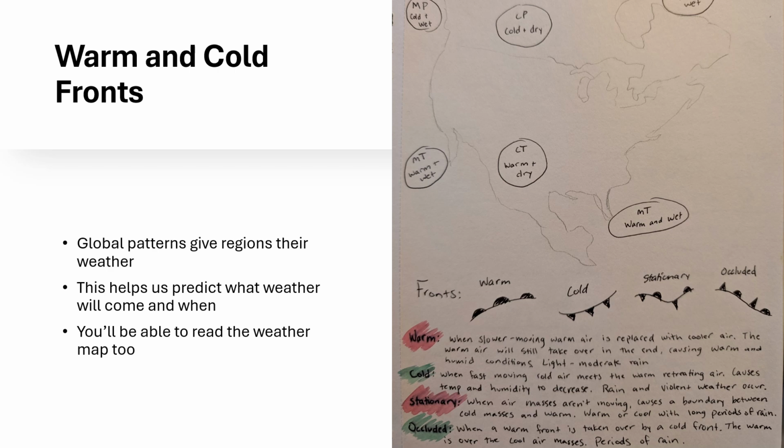In the southeastern US, it's warm and wet, etc., etc. And as you can see on my poorly drawn hand map, up in Canada, where the jet stream comes through, it is cold and dry, which is what pushes all the snow down into the lower United States. So this can help us predict what kind of weather will come and when. And this kind of stuff will also help you be able to read the weather map.